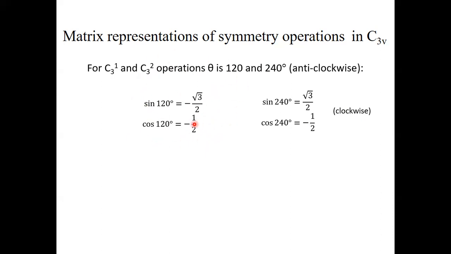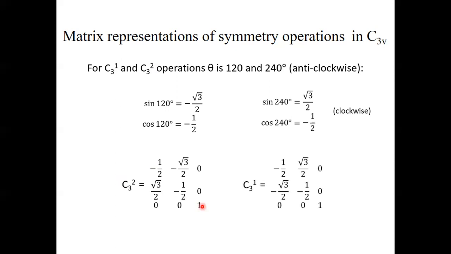And we have to consider this now if we insert these values into the transformation matrix. As we do this, the C32 operation adopts the following form. It is minus a half, minus the square root of 3 over 2, 0. It is the square root of 3 over 2, minus a half, 0, and 0, 0, 1.